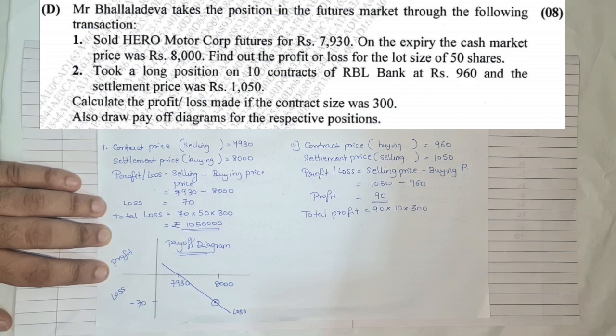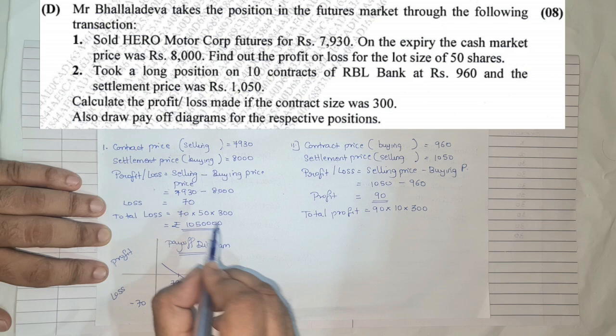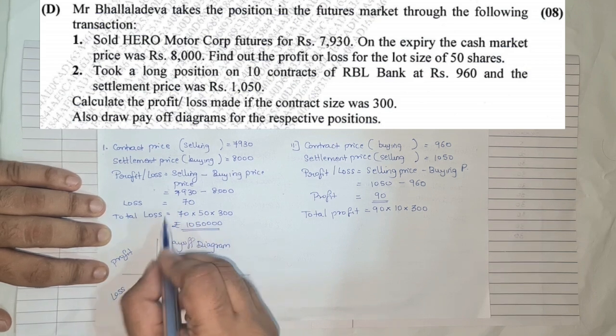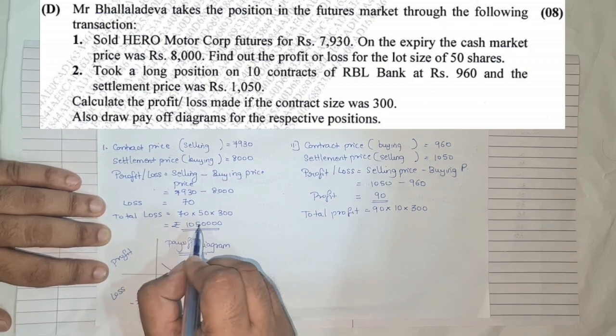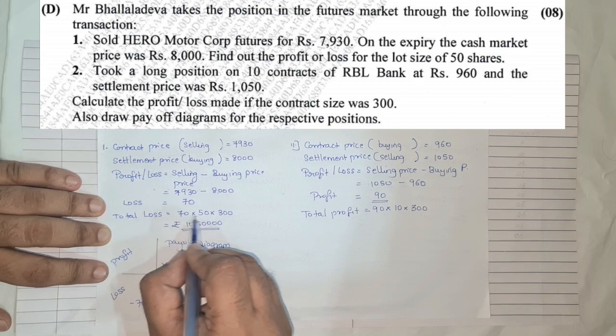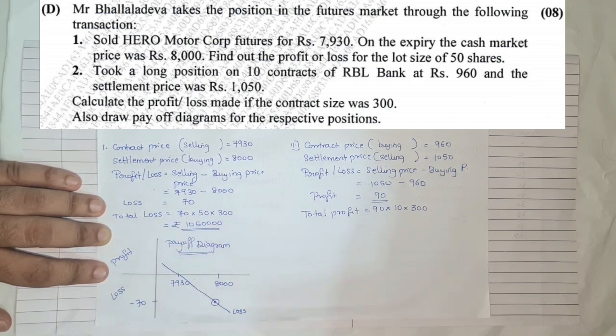Okay. Achha, so now look, if you look carefully in the question, they've also told you, in the first part, they told you to find out the total profit or loss of Hero Motocorp's contract, find the profit or loss for lot size 50. So this is for the total thing. Rather than that, we'll make it first for the 50 part, and for 300, we'll keep it separately for both.